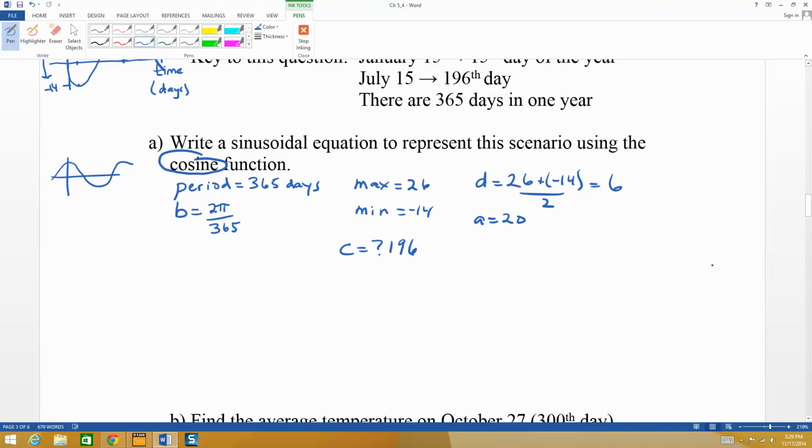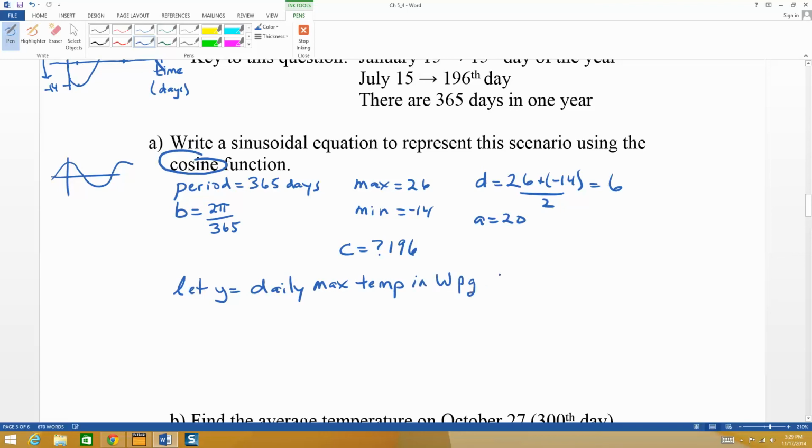So we're ready to make our sinusoidal equation. We've got our A, B, C, and D. Before we say y, we should say what our numbers represent. Let y equal the daily maximum temperature in Winnipeg.